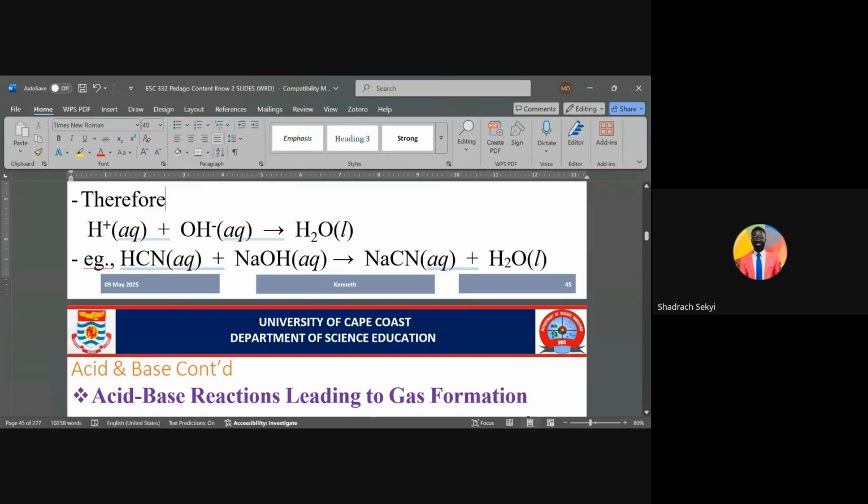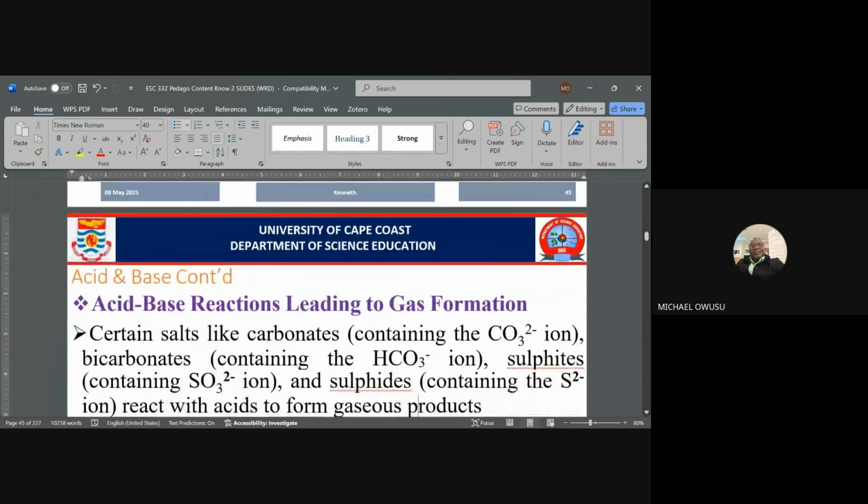Look at the type of reaction that is taking place and the type of comment that is coming out of it. That is what I'll plead with all of us, not only for chemistry, whatever thing you are reading, pick them in context.